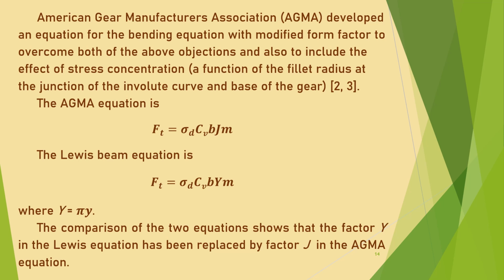The AGMA equation is written here and the Lewis equation has been rewritten with pi y being replaced by capital Y. The comparison of the two equations shows that the factor capital Y in the Lewis equation has been replaced by a factor J in the AGMA equation.